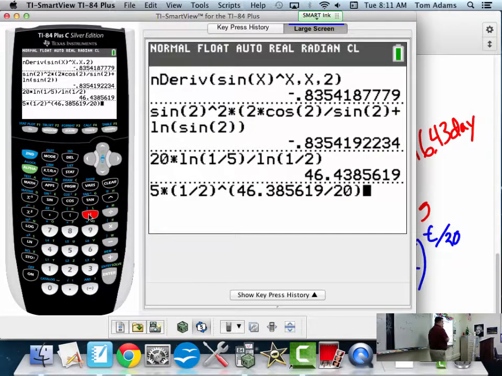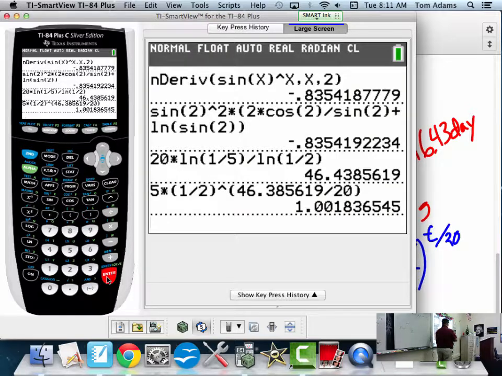So when I hit enter, what should I get? Or really close to. Remember, we're rounding and using decimals, so it might not come up exactly 1. So it might be close to 1 though. Let's see. 1.001. That's pretty good. Does that make sense?